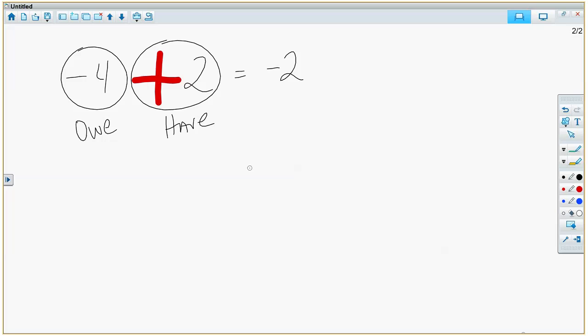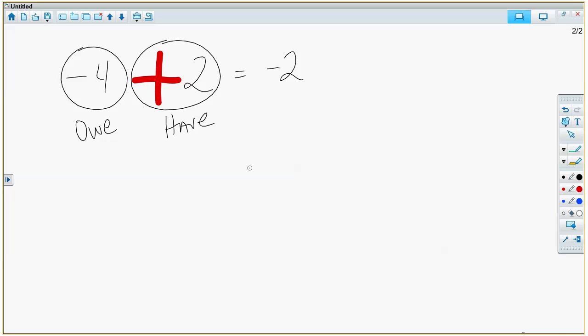There is no reason for anybody to get these problems wrong if you think of money. If you think of all these rules you tried to learn back in the 4th, 5th, 6th grade, you can forget it because you're going to be confused. Just remember money and two negatives make a positive. That's all you got to remember. That's it.